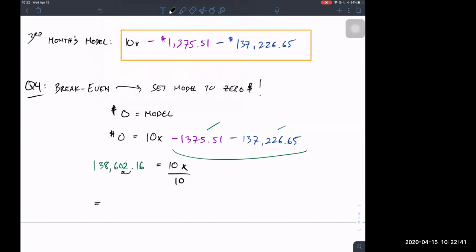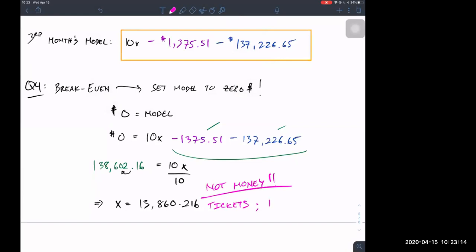So this implies now that x is equal to what? 13,860.216. Is this money? Can't be money. We had $0 right here, right? Not money. Very critical there, right? What is it? It's X things. What were we talking about? We're selling tickets. So 13,860 tickets. But like I've nagged before, we're not going to leave it like that.